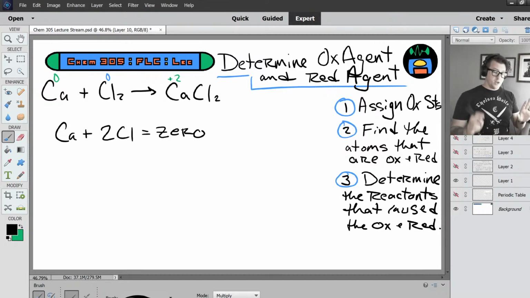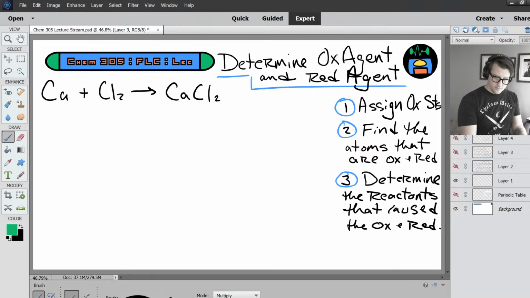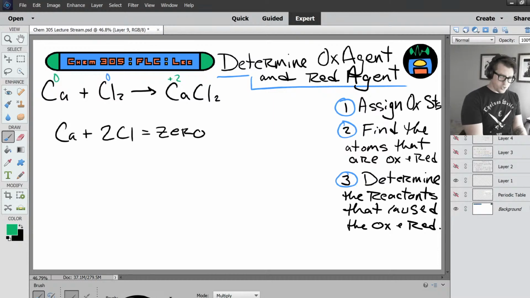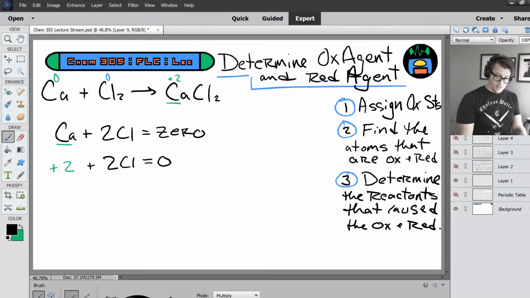Okay, and as you'll see, I'm about to play out the calculation right here. We know our charge on calcium right now is a positive 2. So we have plus 2 plus the oxidation states of 2 chlorides equals 0.